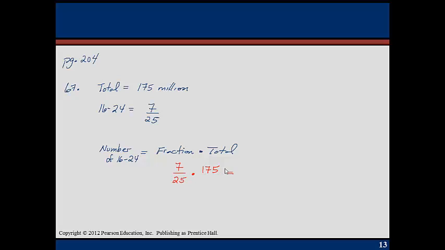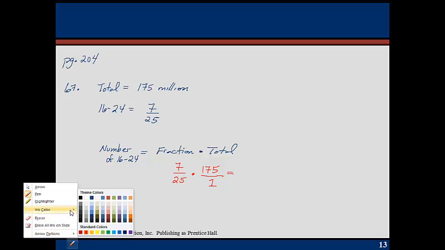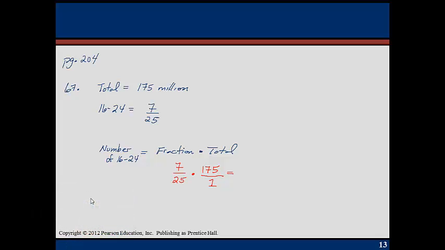Now if you have a whole number that's not written as a fraction, you can draw the fraction bar, and underneath it you can put the invisible 1. So every number is divided by 1. Now let's cross simplify the 25 and the 175.